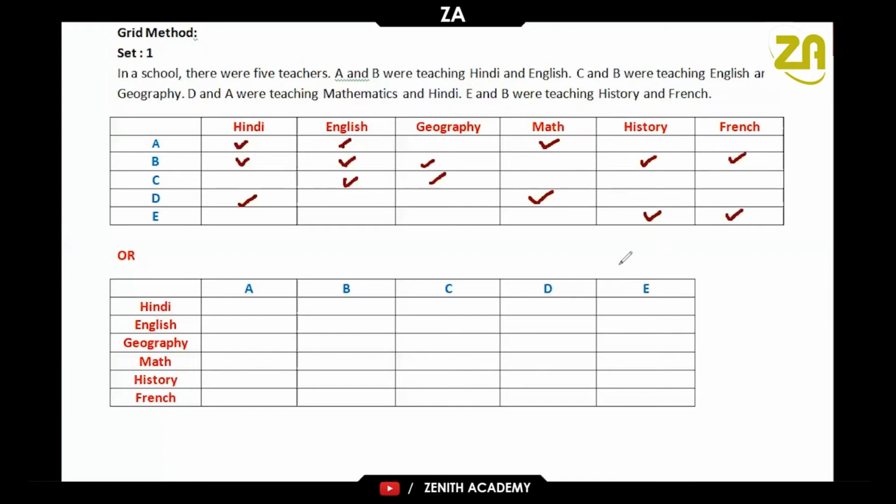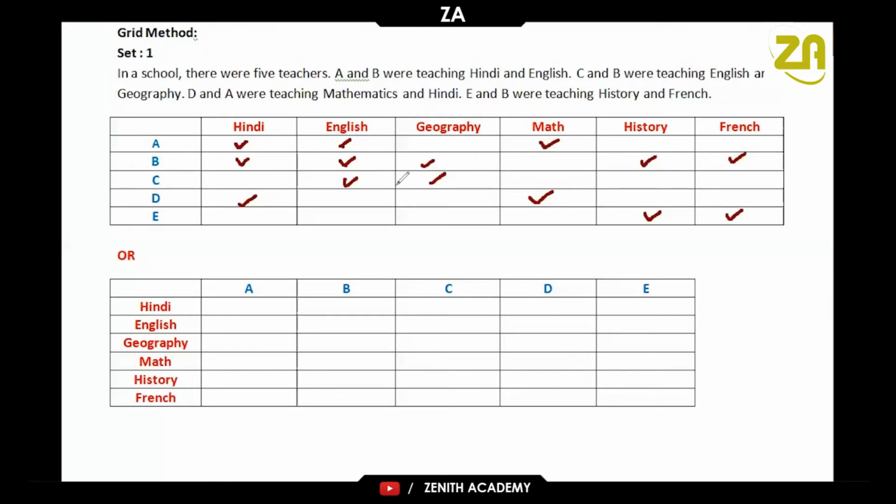Now look. Now it is very easy to answer all possible questions. How many subjects is A teaching here? 1, 2, 3. Who is teaching maximum number of subjects? So A is teaching 1, 2, 3. B is teaching 1, 2, 3, 4, 5.